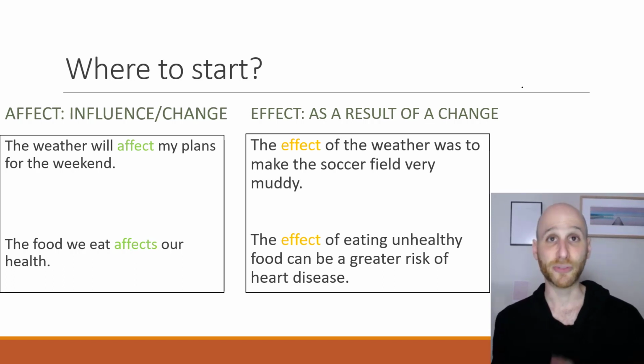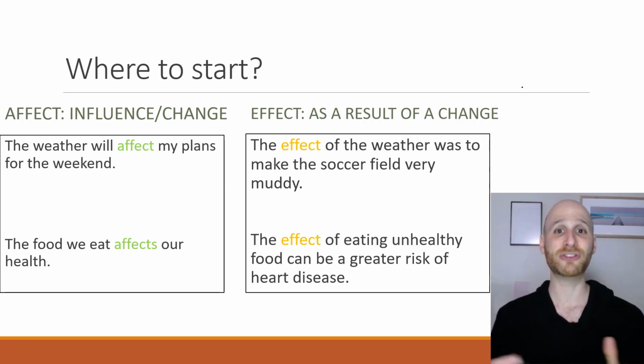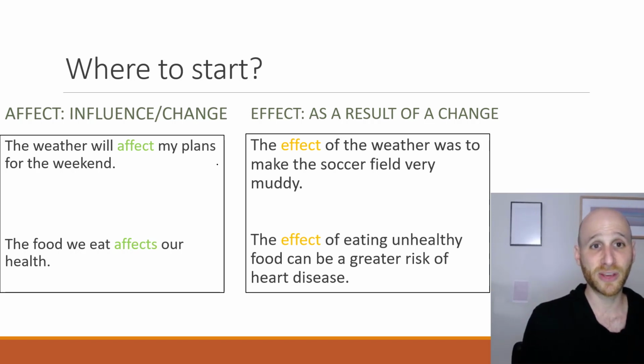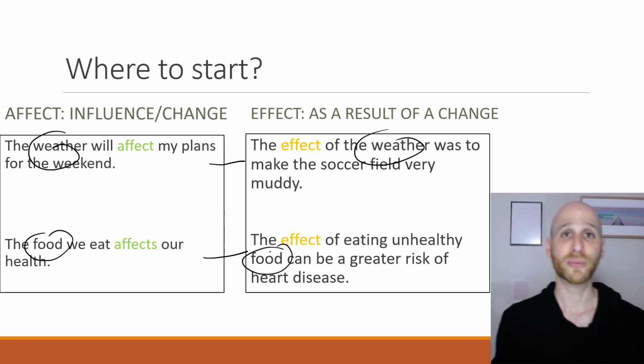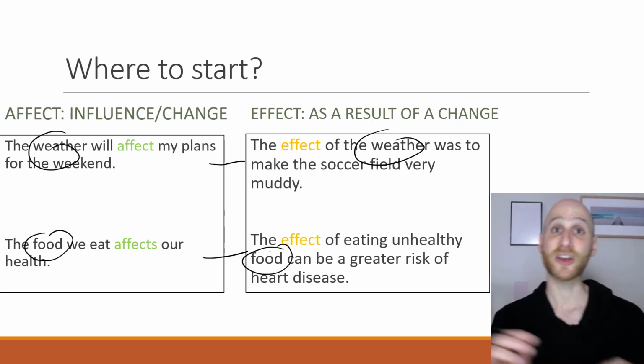So the change is eating unhealthy foods, and the result of that change is a greater risk of heart disease. You can see that these two examples match up with each other: the weather and the weather, the food and the food. So you can see in two similar contexts, affect and effect.